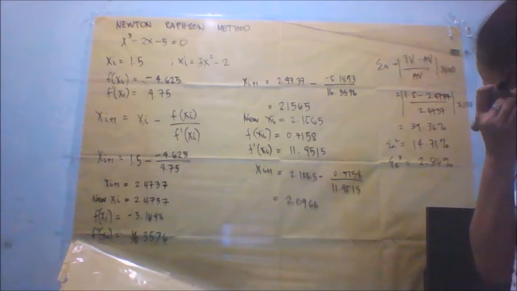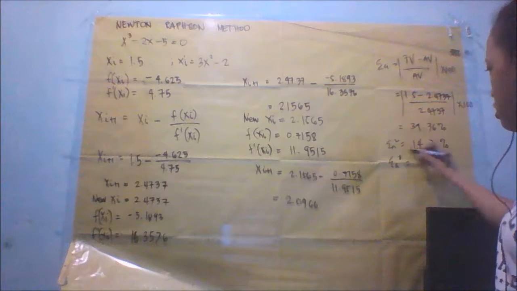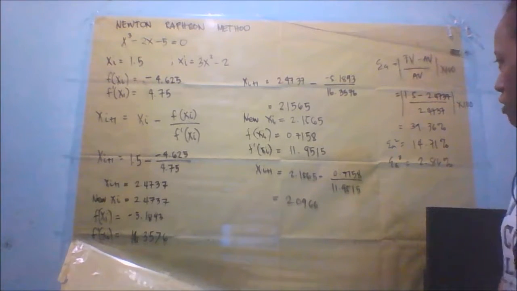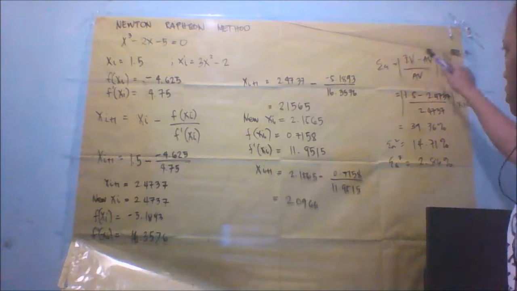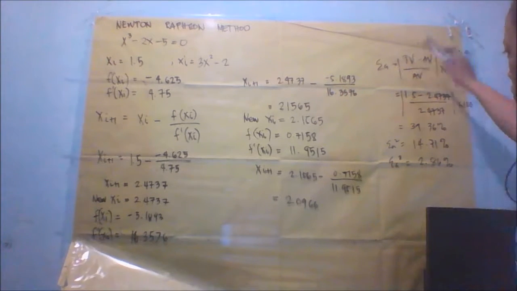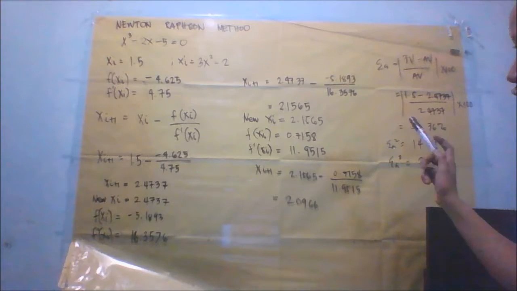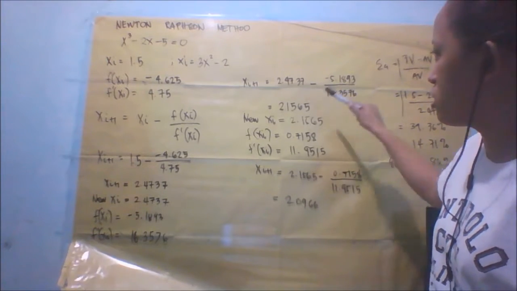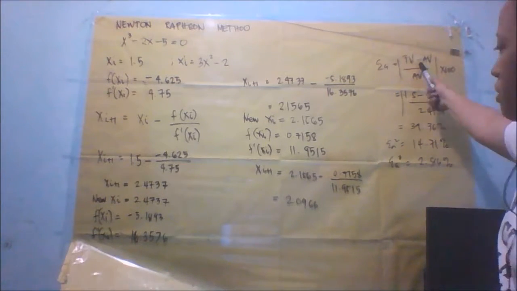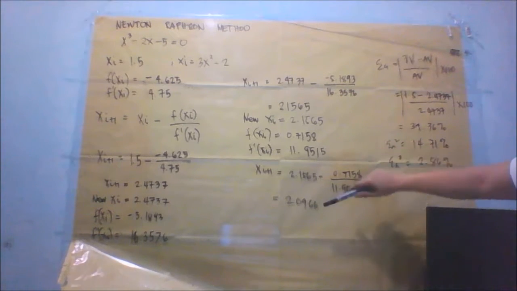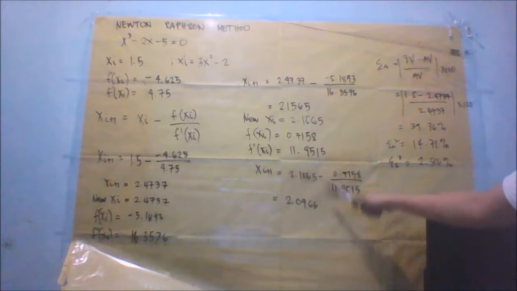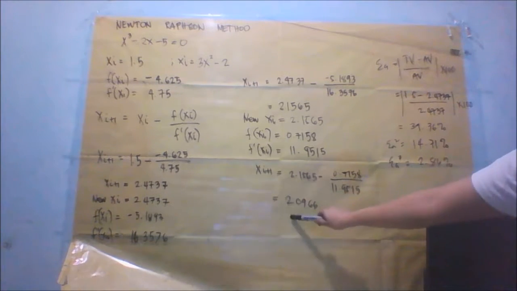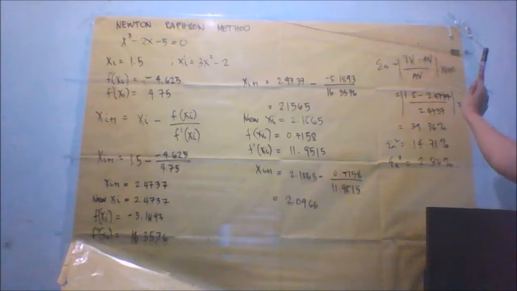So we have here our third error. Our true value here is 2.1565 minus our xi here, which is 2.0966, over 2.0966 multiplied by 100, is 2.86%.